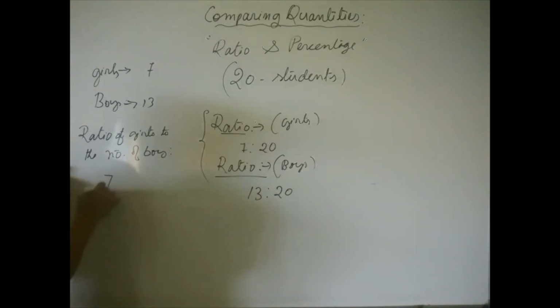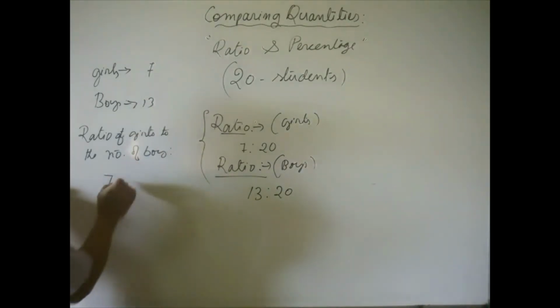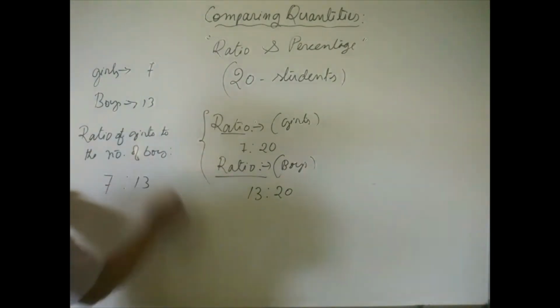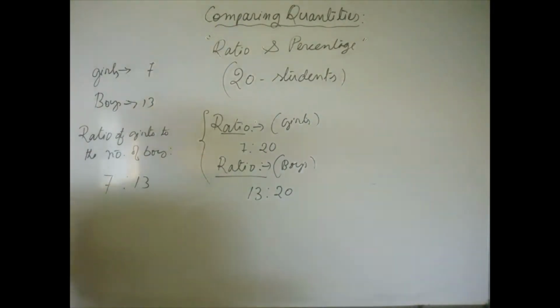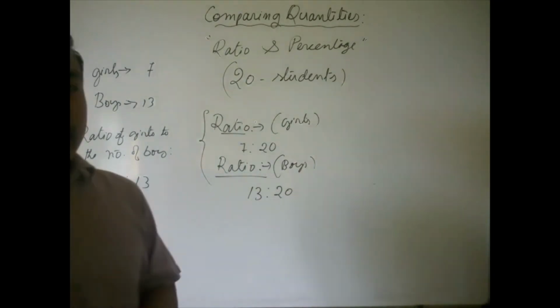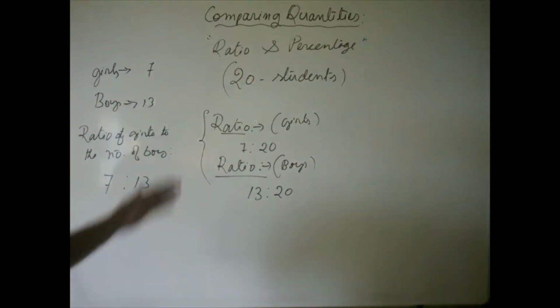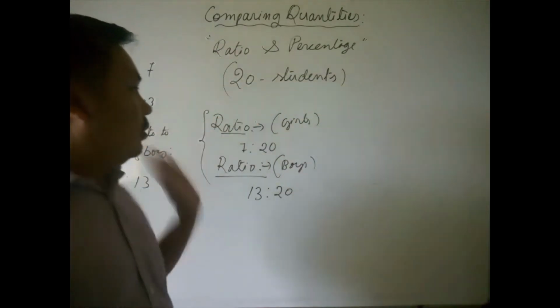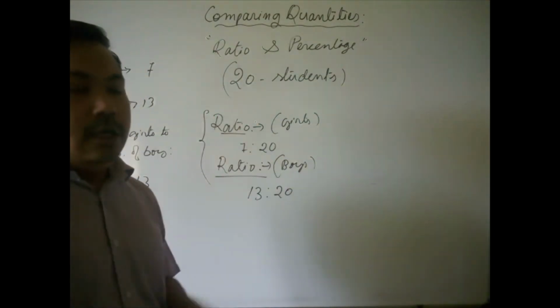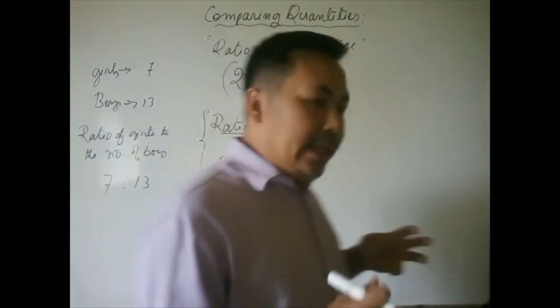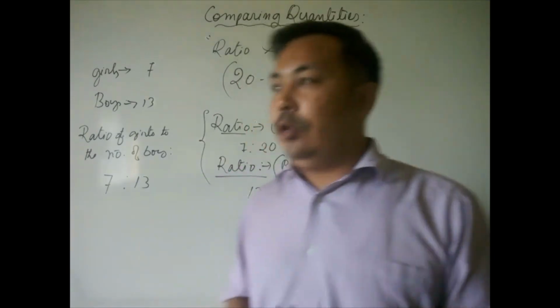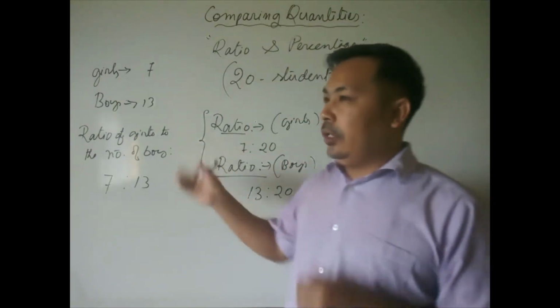The number of girls is 7 and the number of boys is 13. So this is how we write down the ratio of the girls and the boys: 7 is to 13. In this way, we will get different kinds of information where you convert into ratio in different ways.